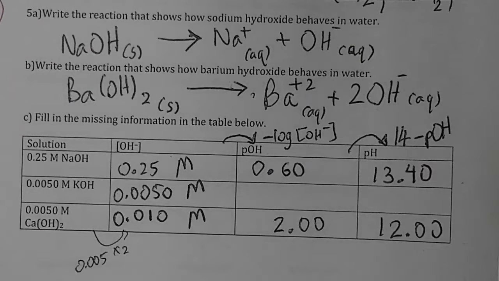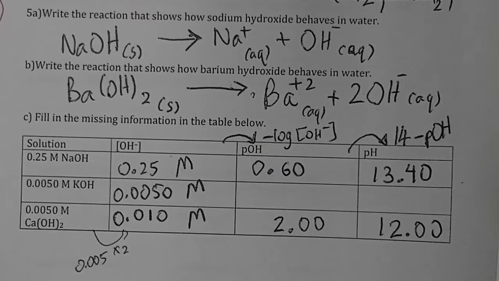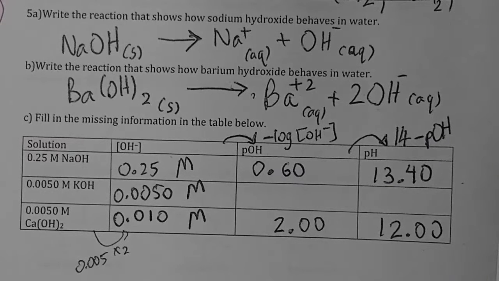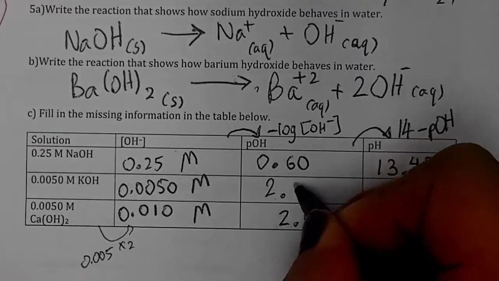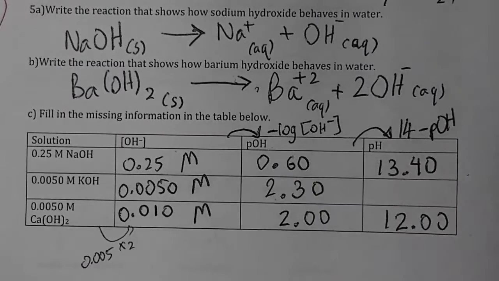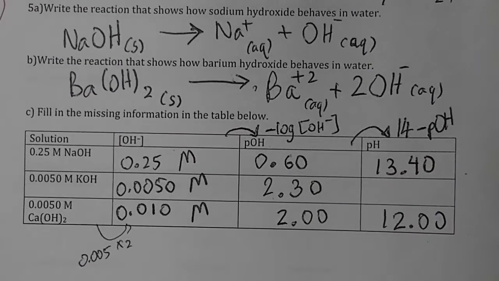You can see that it is basic. It has a pH greater than 7. Okay, what is the pOH here? 2.30, right? And then you're going to say 14 minus that.